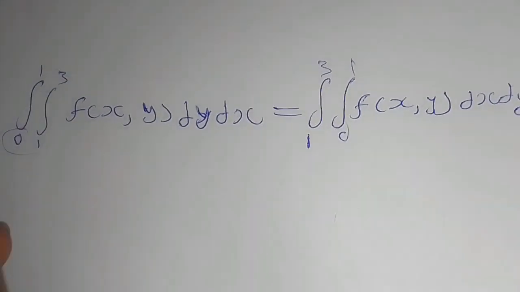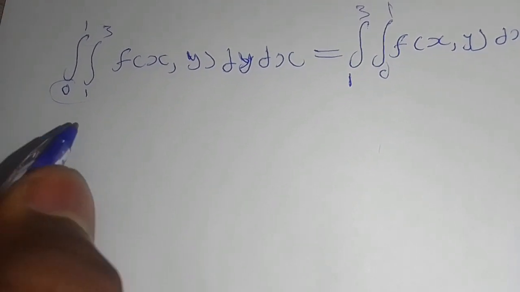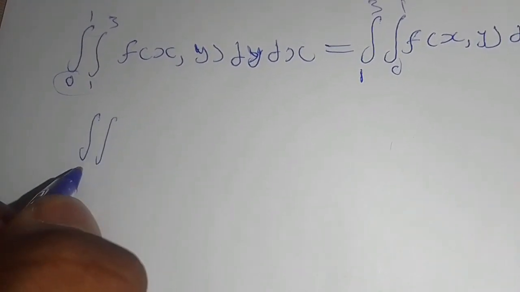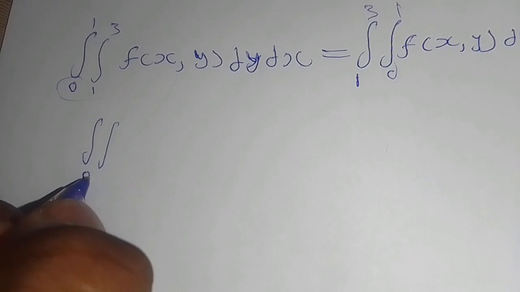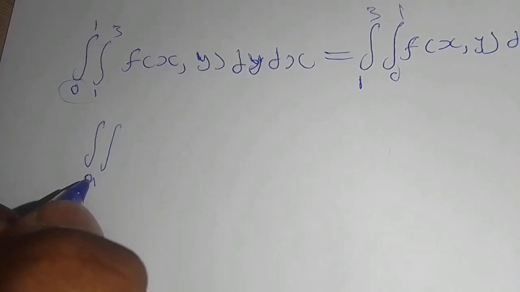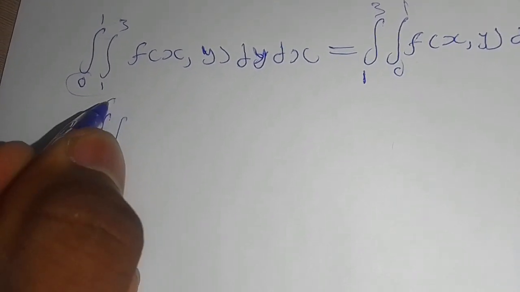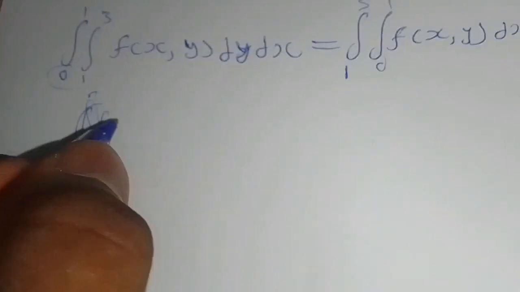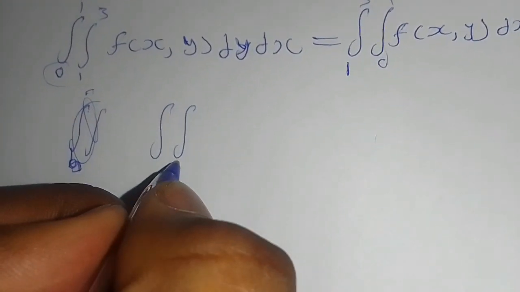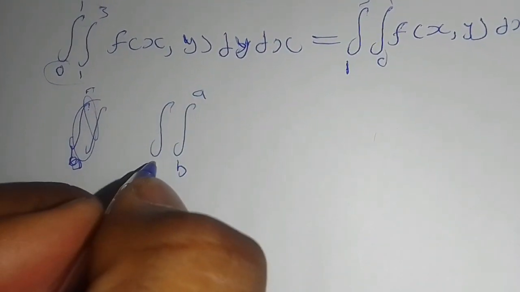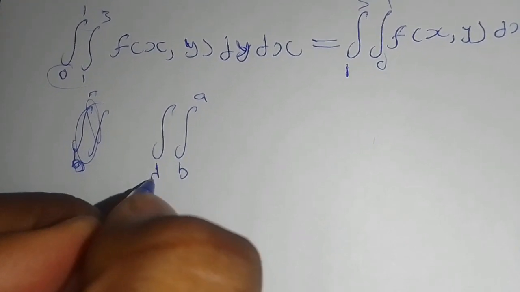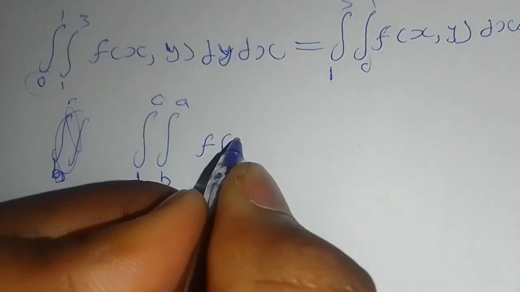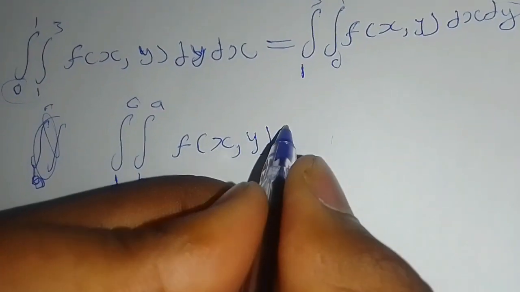And now the coolest thing about a double integral is you can do this. Let's say you have a double integral from b to a, and from d to c of f at x, y, dy dx.